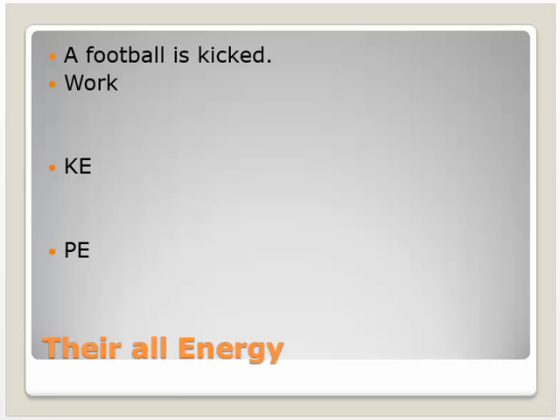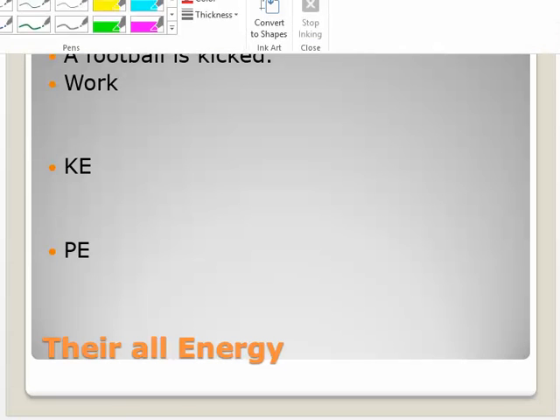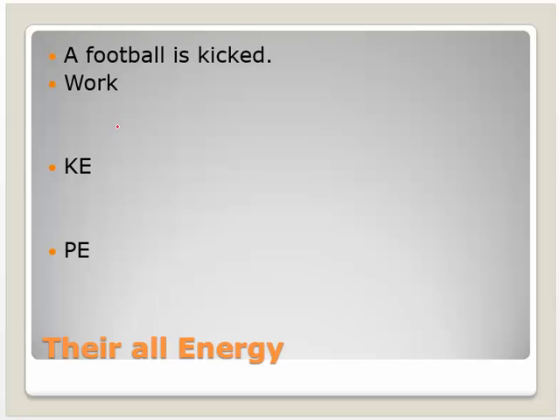Okay, a football is kicked. Well, we're going to talk about all three of these topics. Where is work done? Well, when we kick the football, work is done. That's my football there, not a very good football. When the foot comes up and kicks it, the foot applies a force, and there's some distance that the foot remains in contact.